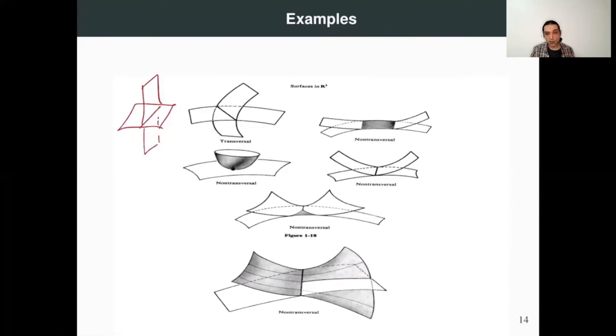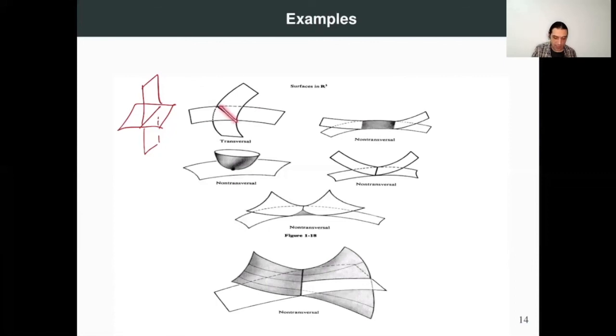Okay, so either they are transversal or the tangent spaces of these two surfaces at a point coincide, which is what happens in all the other examples. This one, this one, this one, this one, and this one. In all of them, at the point that we're actually studying, the tangent spaces to these two surfaces are the same. And the intersections can be very different.